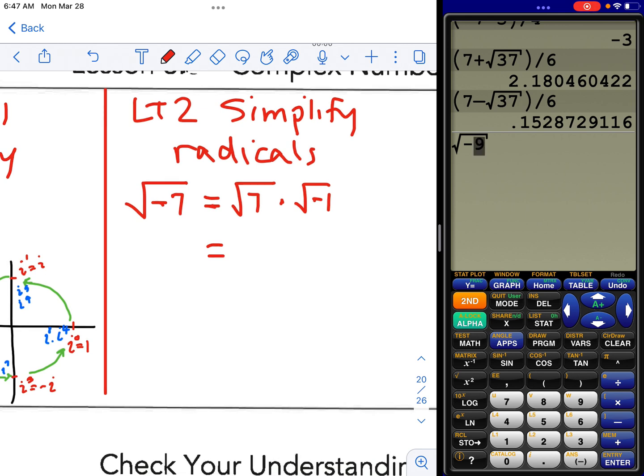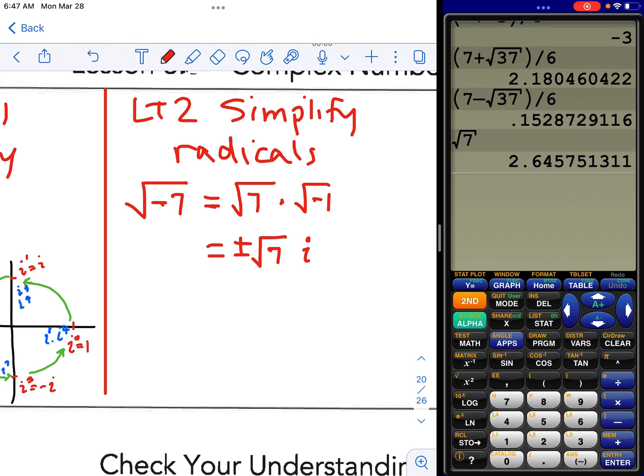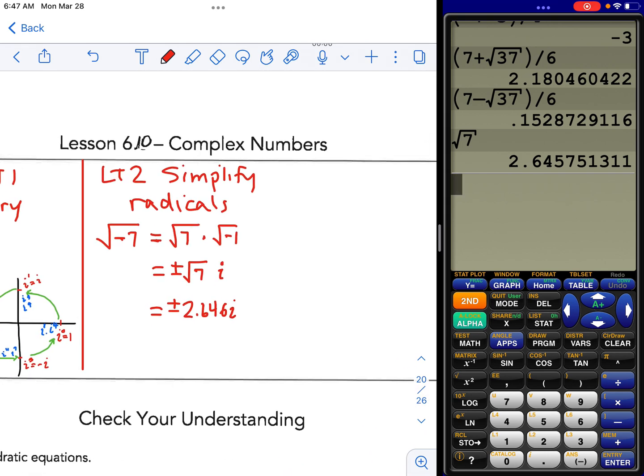When we look at processing that, we know the square root of a +7 could either be plus or minus. And then the square root of -1 gives it the imaginary designation. Or we could give square root 7 its decimal equivalent, plus or minus 2.646i.